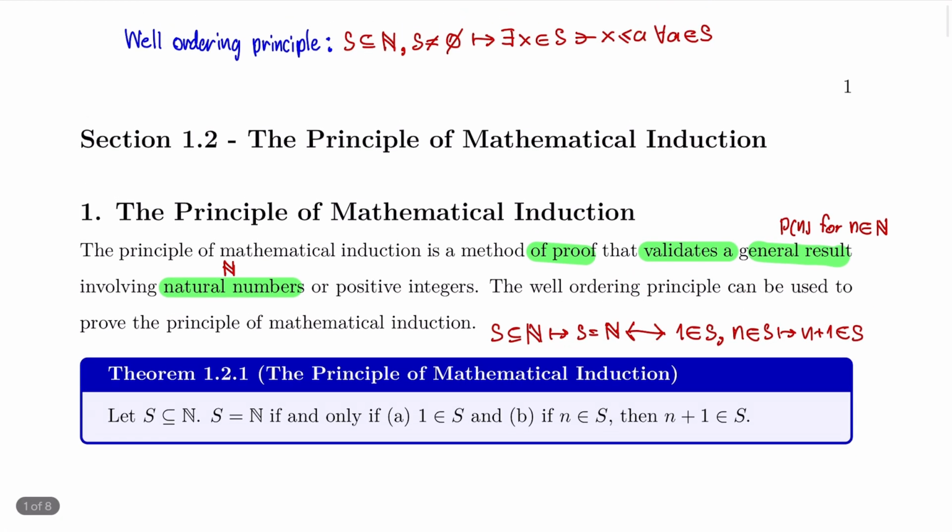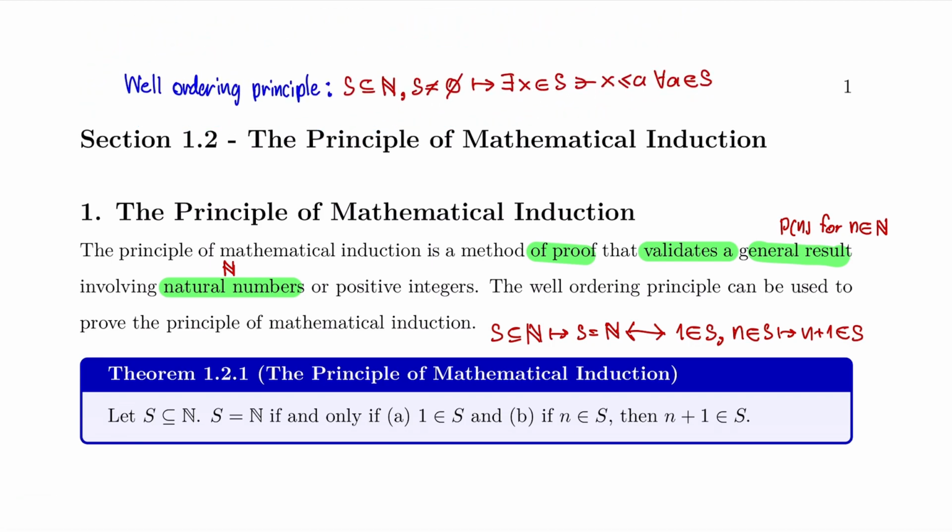Okay, let's prove it. To prove this, we have to use the well-ordering principle. Remember what it is? A subset of natural numbers always has a minimum element.